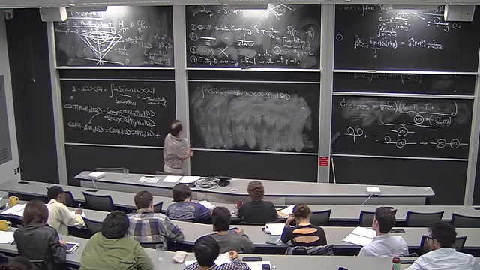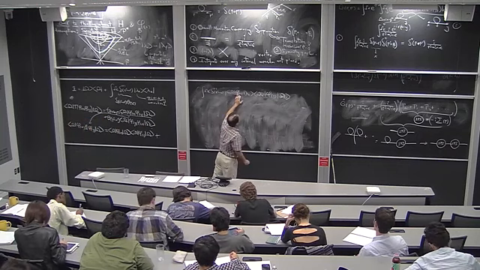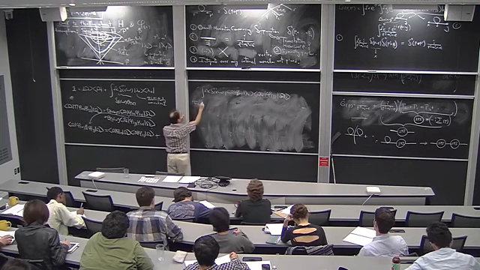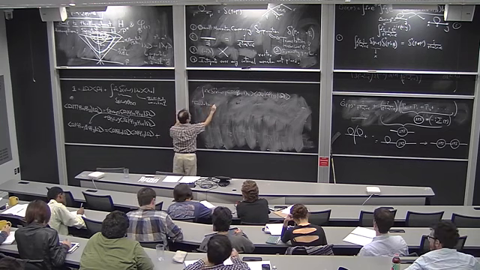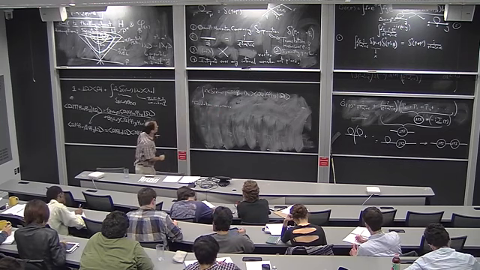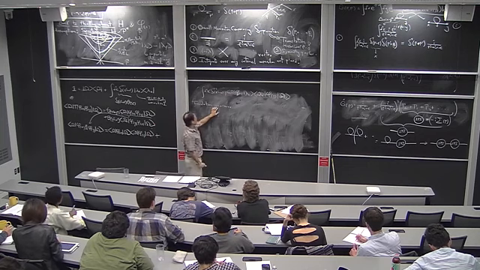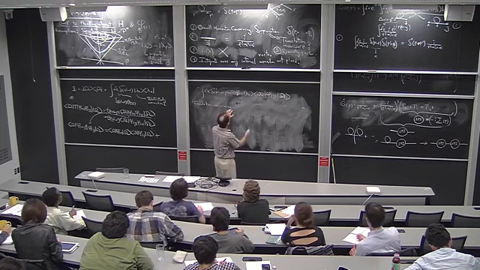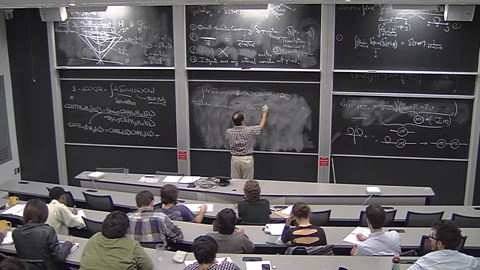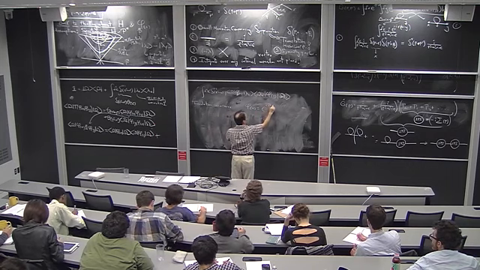Very good. Now, what we have to do is to use translation invariance. We use the translation operator to write this as e to the i p x.